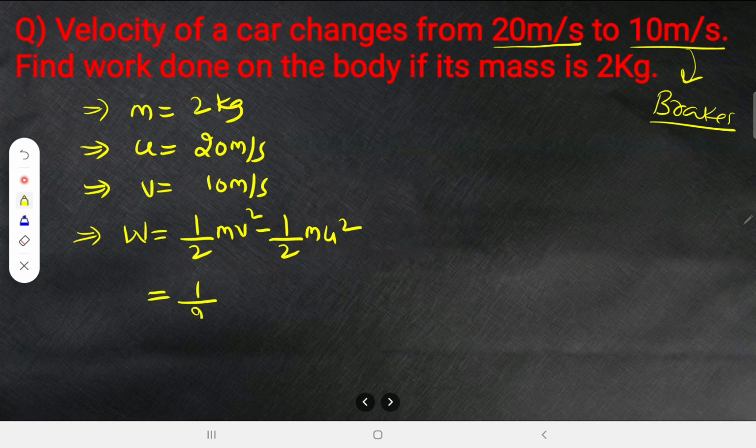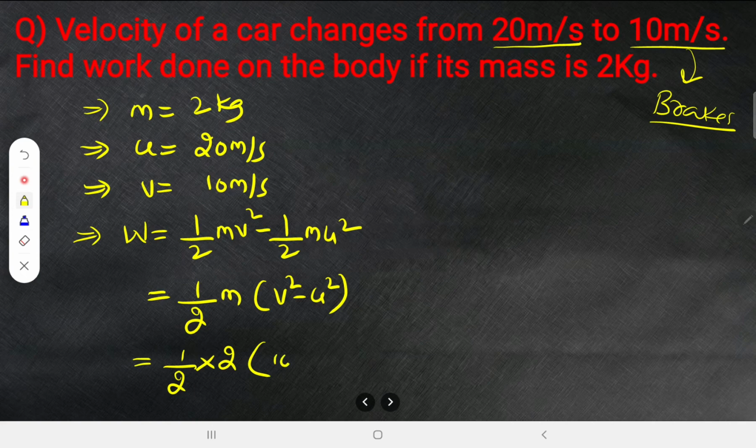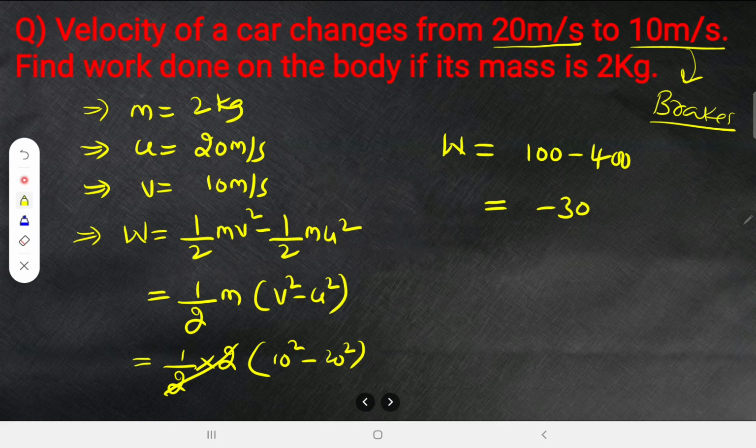Again half m is taken common and v square minus u square. Substitute that: 1 by 2 into m means 2, and in the bracket v square is 10 square, u square is 20 square. The 2s get cancelled, and work done becomes 100 minus 400, that is equal to minus 300 joule.